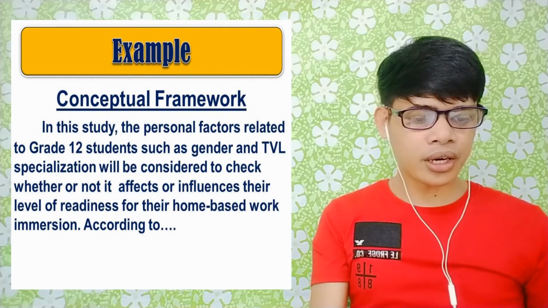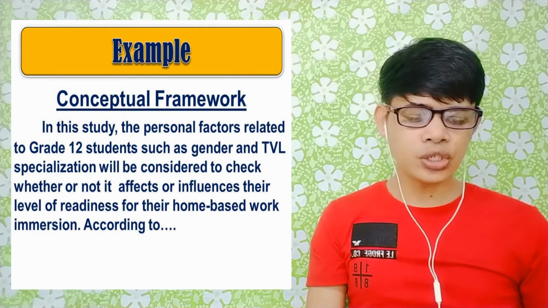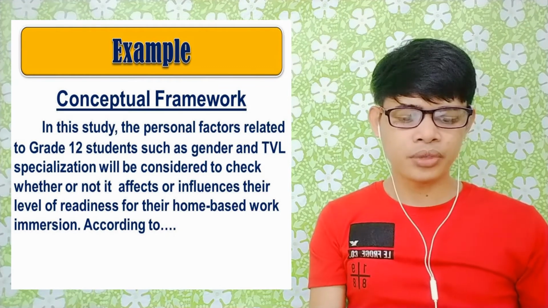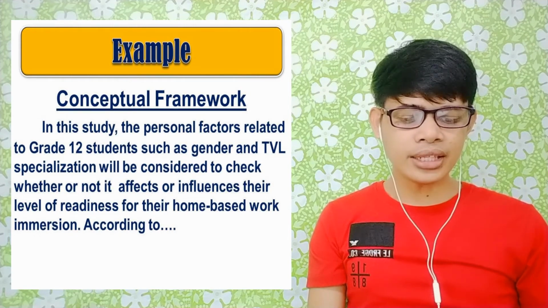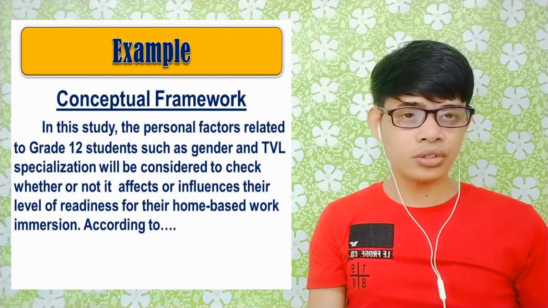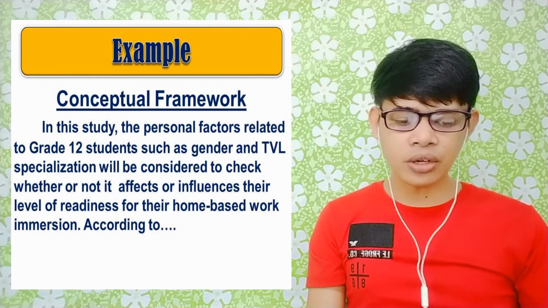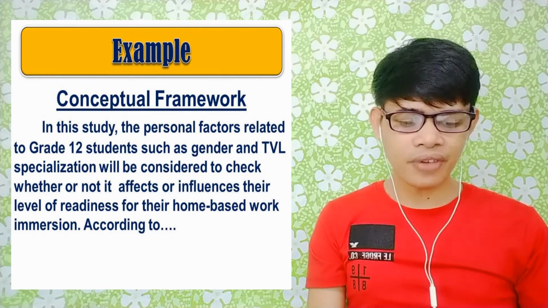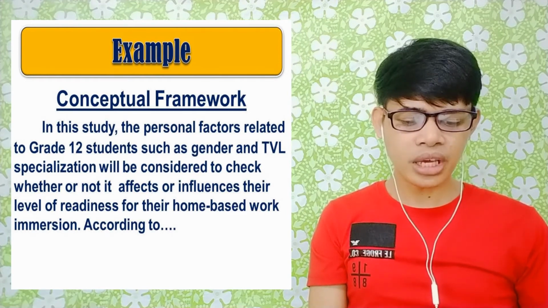For the second paragraph, you are now to present what particular relationship exists between your variables. So we have here an example. So in this study, the personal factors related to grade 12 students, such as gender and TVL specialization, so gender and TVL specialization are your independent variables, will be considered to check whether or not it affects or influences their level of readiness for their home-based work immersion.